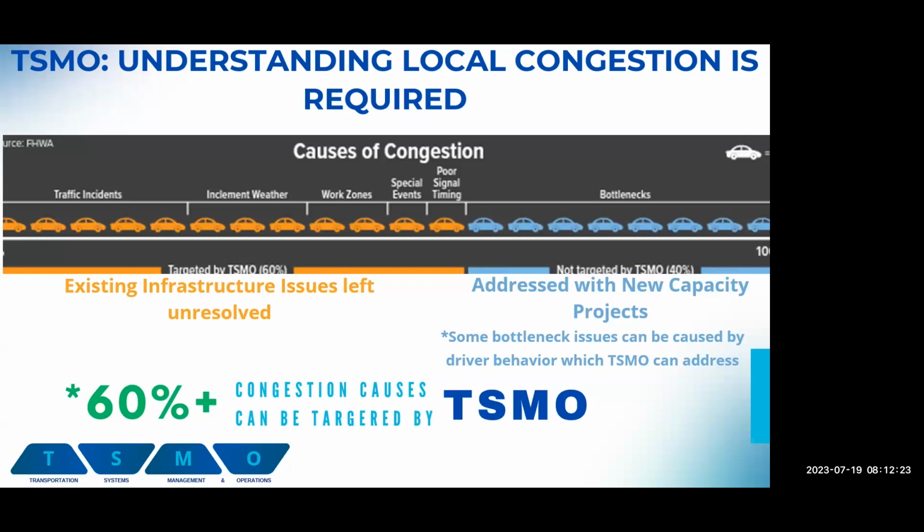Or you have a T intersection where the signal has failed, and the trotro drivers, taxis, and private vehicles are all fighting for right of way. And so that makes it appear like it's a bottleneck, but it is actually a driver behavior issue that could potentially be corrected by TSMO. So that has led to the conclusion that at least 60% plus of our congestion issues could be targeted by adopting this TSMO approach.